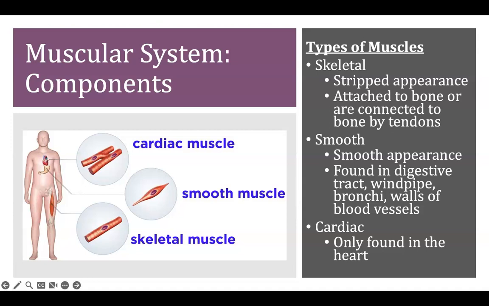We also have smooth muscles, which are found in our organs, like our small intestine, large intestine, windpipe, our lungs within our bronchi, walls of blood vessels, that sort of thing. These need to be smooth because it's the movement of certain objects, whether it be air or blood or the breakdown of food through our body.